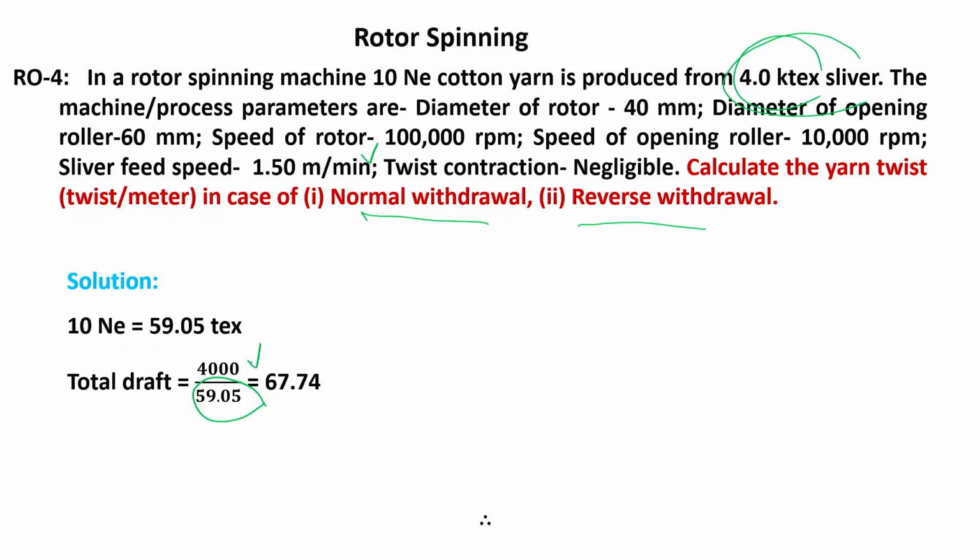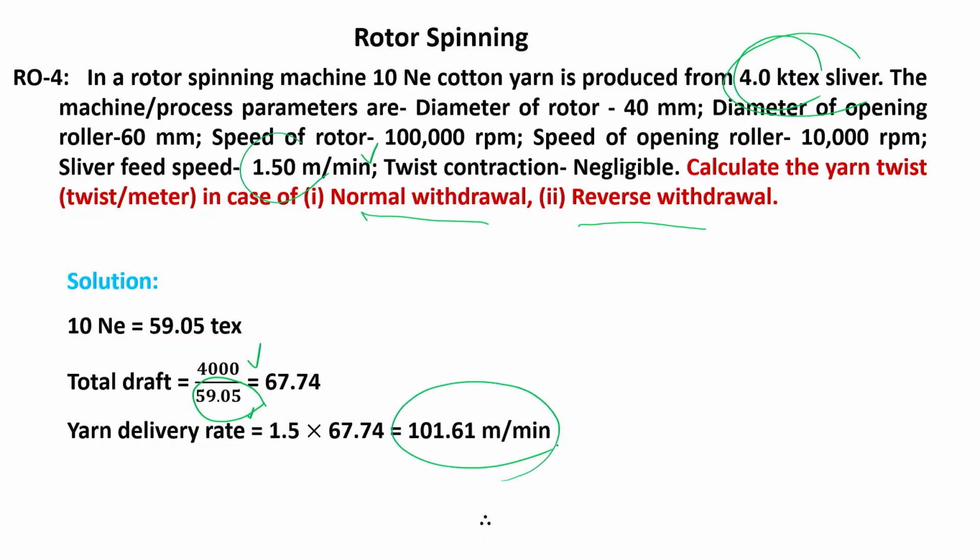So, sliver tex by yarn tex gives 69.74, and yarn delivery rate: feed rate was 1.5 multiplied by draft. So, it will be 101.61 meter per minute.